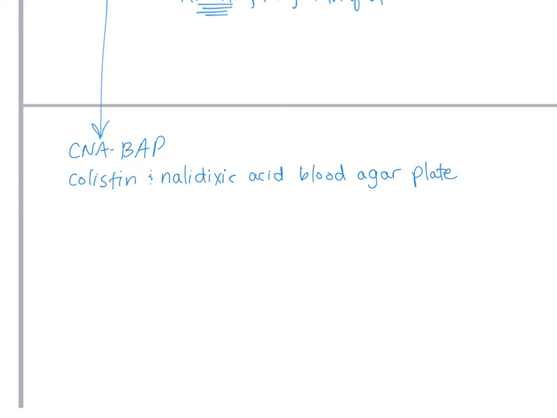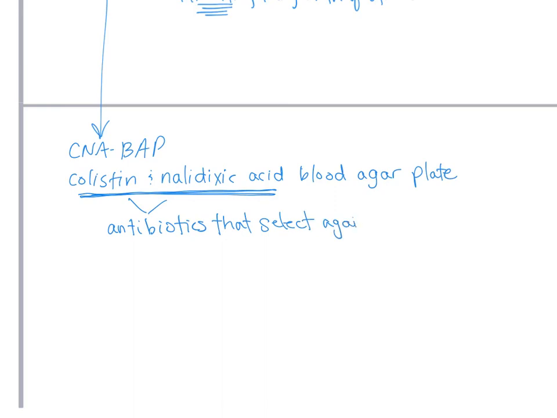But the selective agents in there are these two antibiotics, colistin and nalidixic acid. And these are antibiotics that select against gram-negatives. Okay, so only gram-positives grow. In case you're interested, colistin is a polymyxin antibiotic, so that works on the outer membranes, especially against gram-negatives.